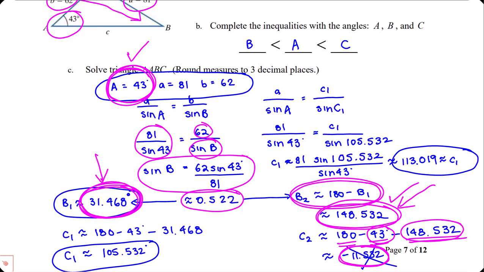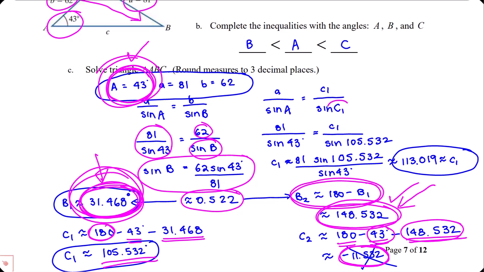So then, I have angle A, I found angle B, I subtract those two angles from 180 to get the third angle, angle C. And then the law of sines continues.